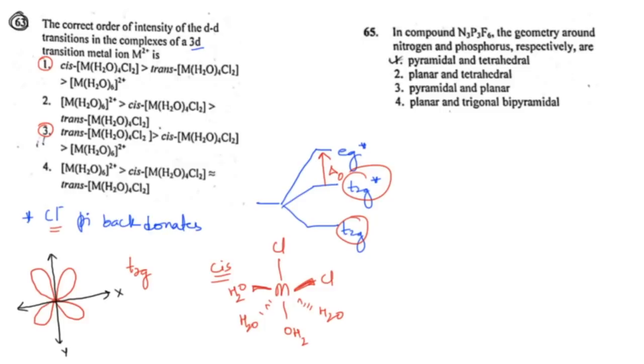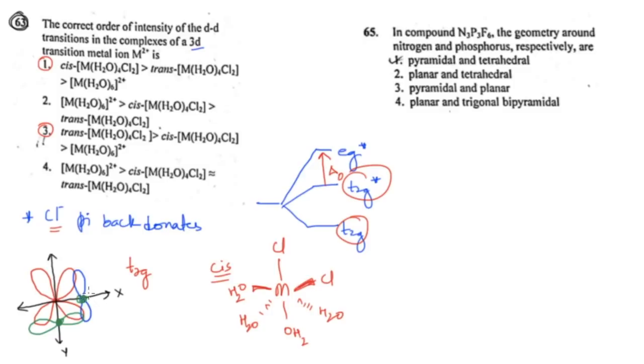Now your two chlorine ligands are attached at 90 degrees to each other. So if one of the chlorines is overlapping like this, then the other chlorine will be 90 degrees to it, and that will overlap something like this, because both should be 90 degrees to each other.